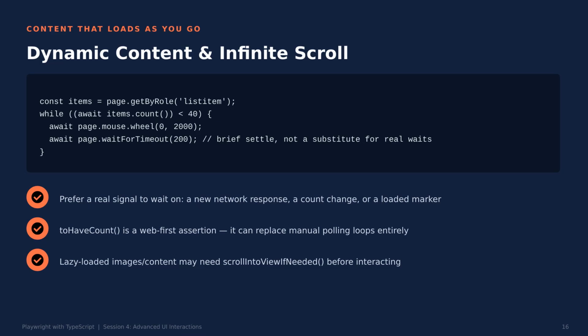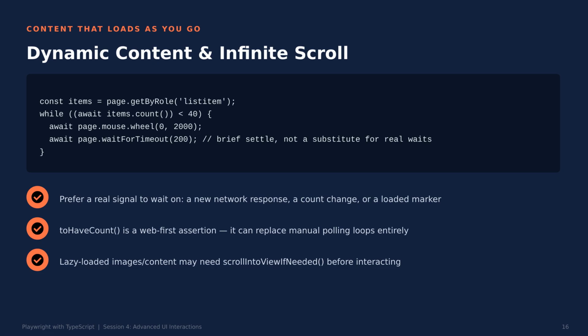Let's talk about content that loads dynamically as you interact with the page. Here's a naive-looking approach: grab a locator for list items, then loop scrolling the mouse wheel and waiting briefly until the item count reaches 40. But here's the better guidance.